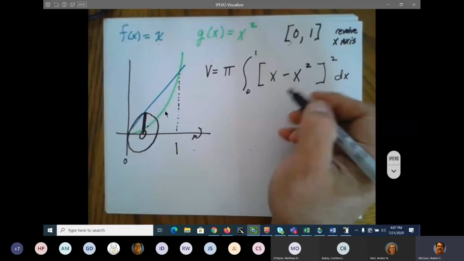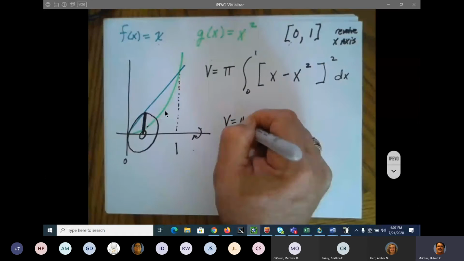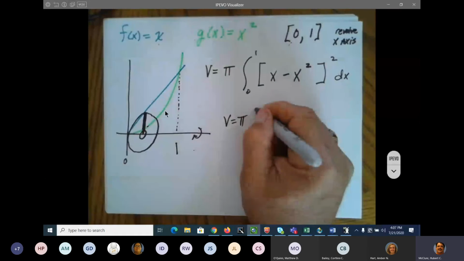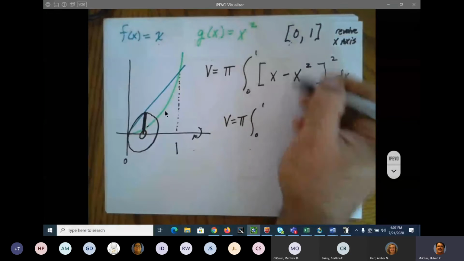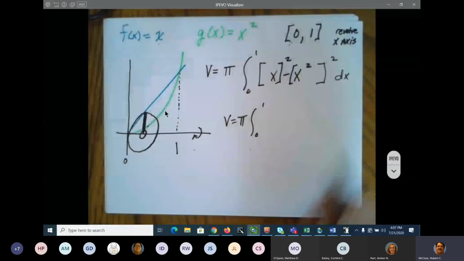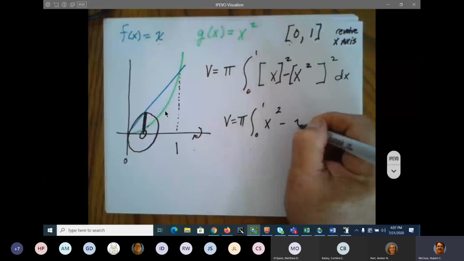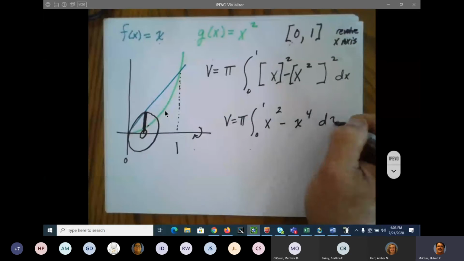You're going to get the same thing. V is equal to pi, and you're going to get from 0 to 1. I'm going to do it this way. And that's going to be x squared minus x to the 4th dx.